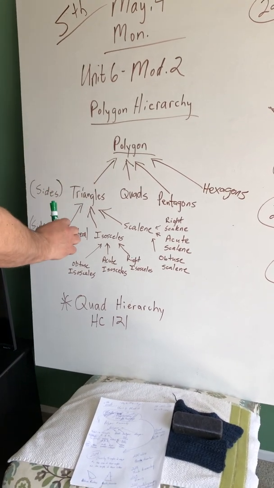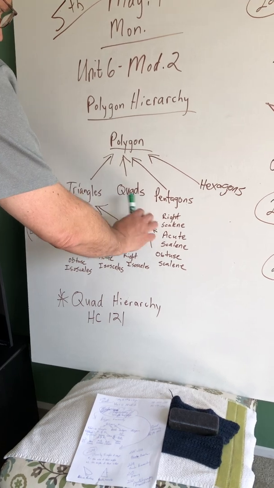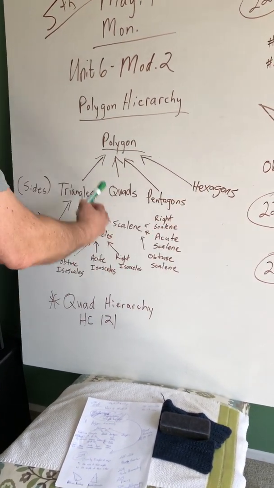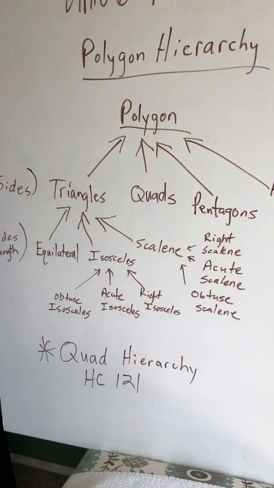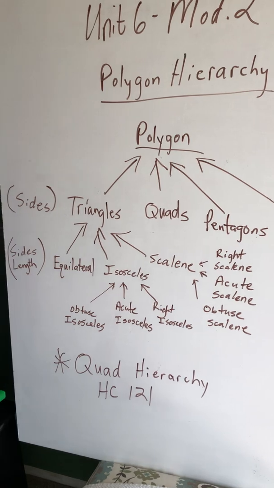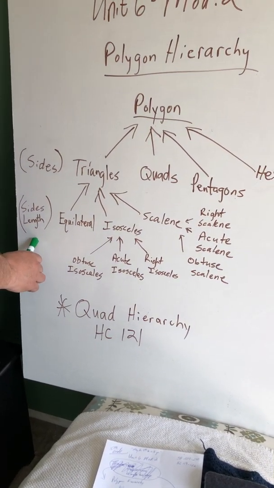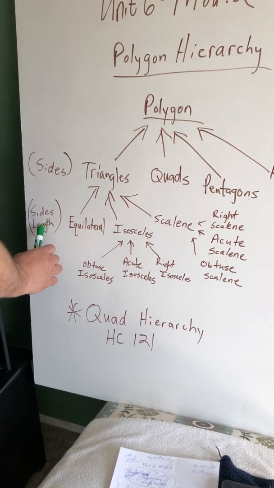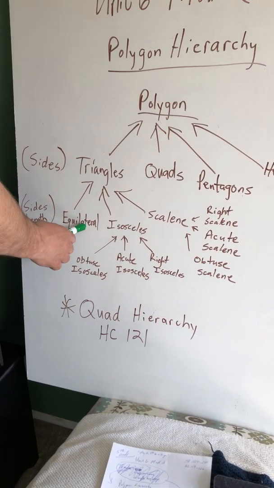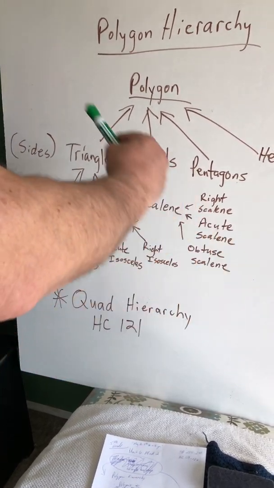Because this would all fill up, we're not going to do this polygon part, we're not doing quads, pentagons, or hexagons. Let's just look at triangles for a second, okay? So we're talking about 3 sides, and then down here we're talking about the length of sides. So we've got equilateral, isosceles, scaling, and these are all triangles.